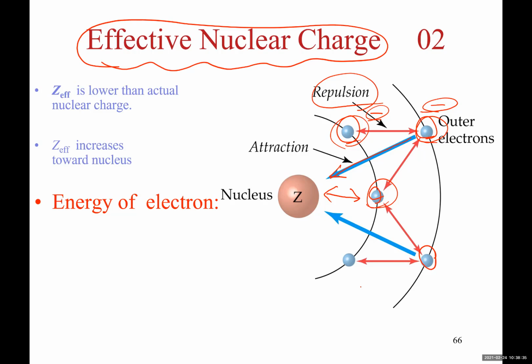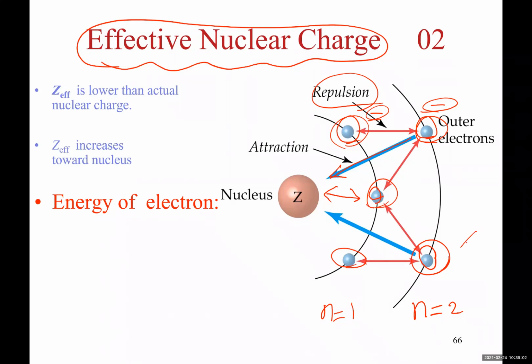So now if I'm going to talk about energy of electrons, can I say there are two factors? Remember we said if n equals 1 and n equals 2, electrons on the second shell are further apart from the nucleus than inner shell electrons.